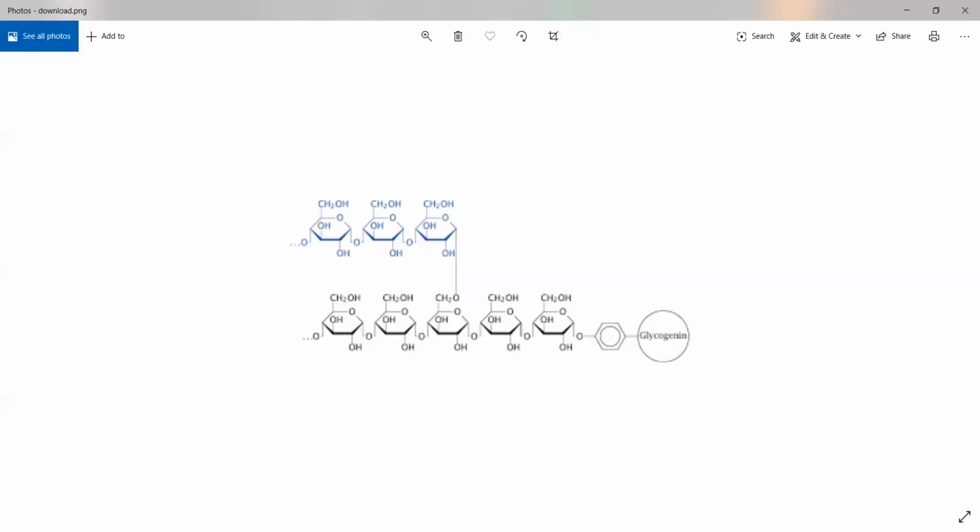So your glycogen will look something like this. Yeah, you have a doubt. 1 second, I'll just get back to your doubt.